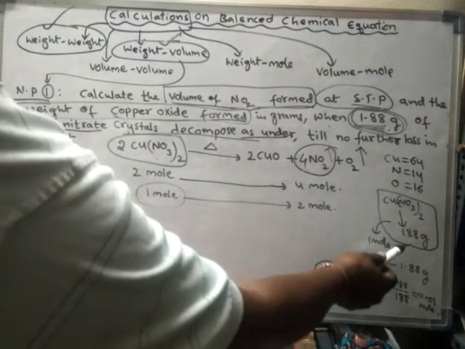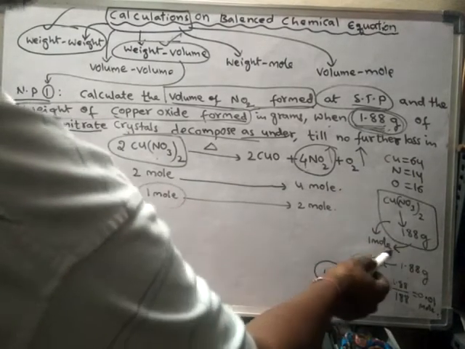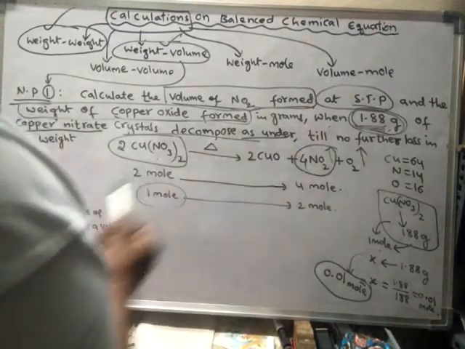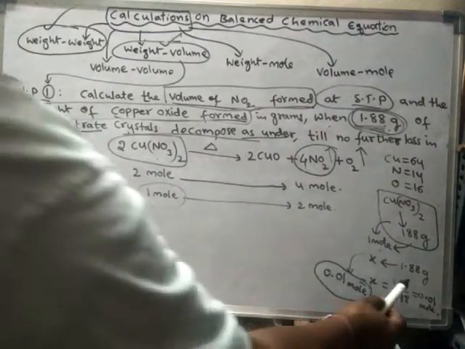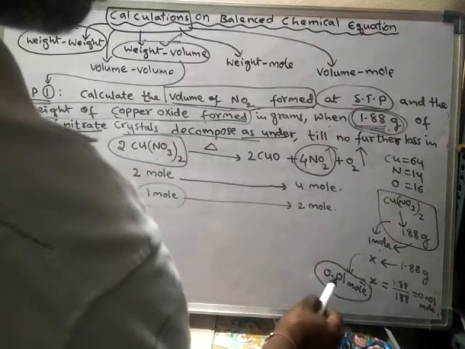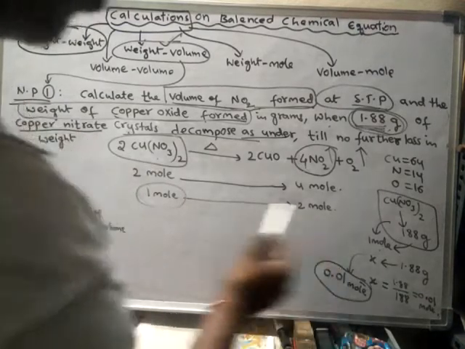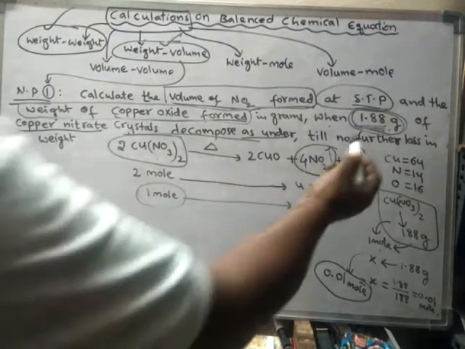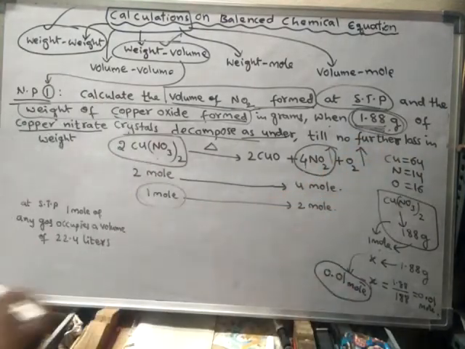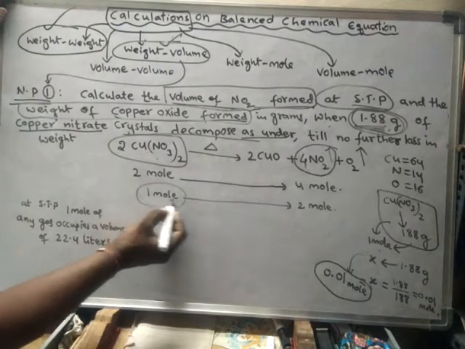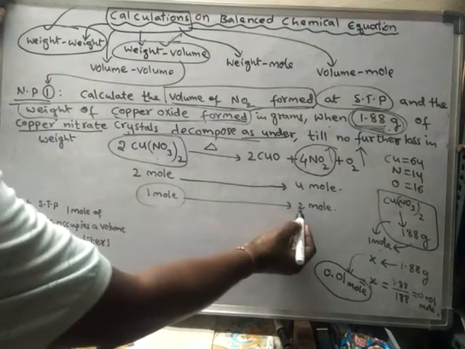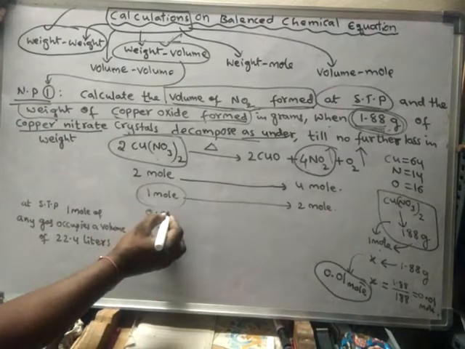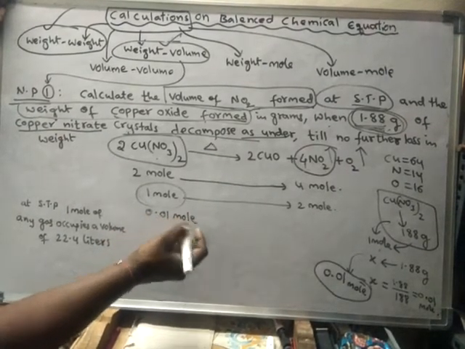If copper nitrate is 188 grams, then it will be 1 mole. But here in the question, copper nitrate is 1.88 grams only, so it will be equal to 0.01 mole. Suppose if 1 mole of copper nitrate is present, it will produce 2 moles. But here only 0.01 mole is present.